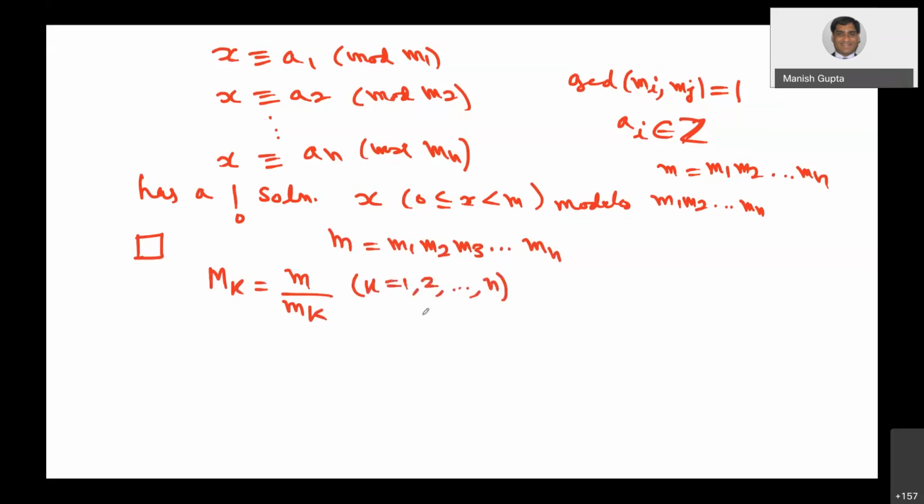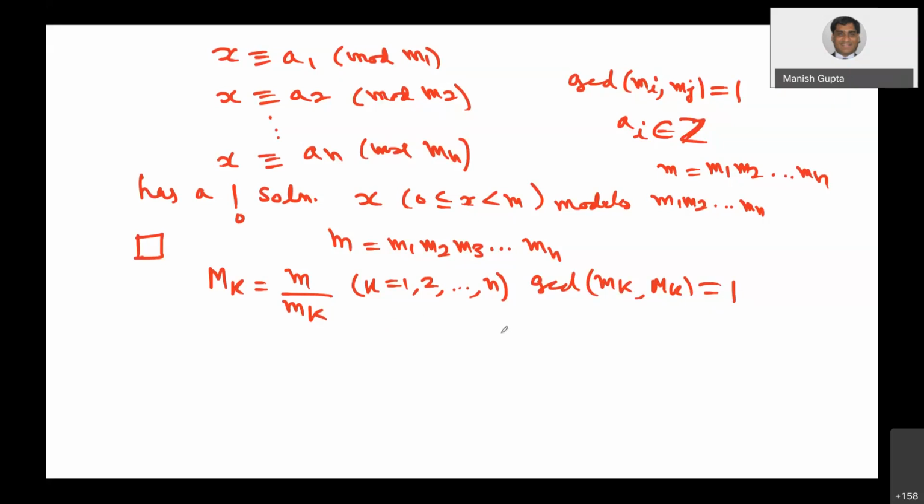Now the GCD of small mk and capital Mk will be 1.